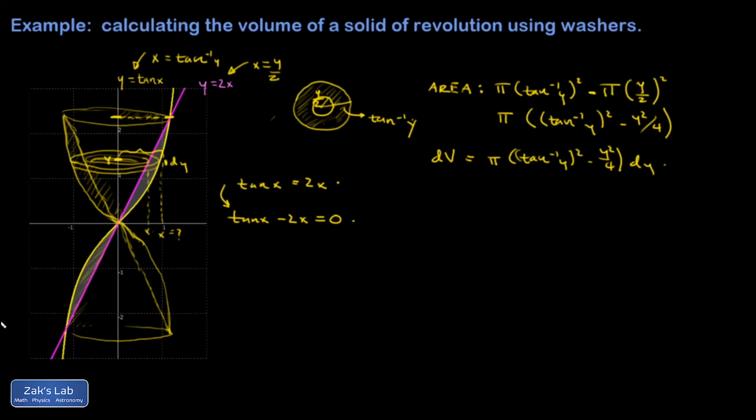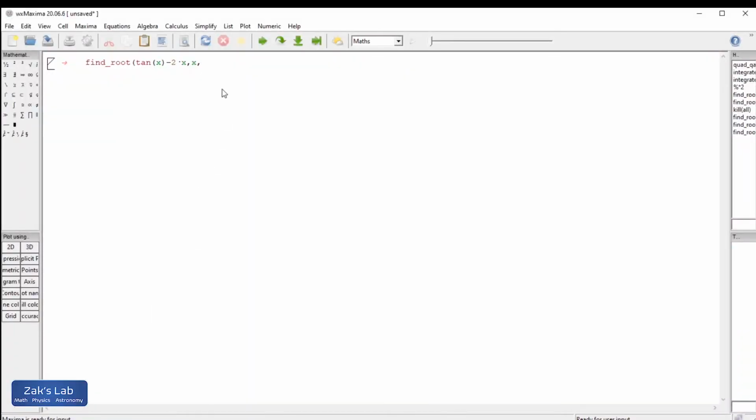It has a period of pi and repeats forever in both directions. So there's going to be a lot of intersections of these two functions, but we're interested in this one that's just slightly bigger than 1. So give Maxima a pretty accurate interval to work with. I'm going to look for a root between 1 and 1.5.